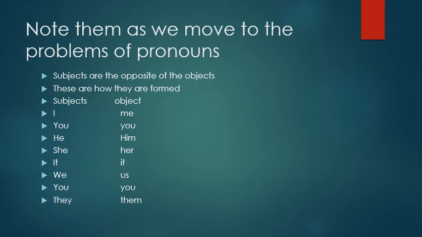These are the object forms and these are the subject forms. Take note. Know how to recite it and it's going to help you a lot. I, you, he, she, it, we, you, they. Me, you, him, her, it, us, you, them. Wow, very easy, right? You can do it.